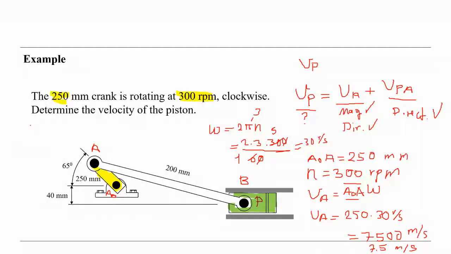So this is the speed of the crank, the VA at the point A.